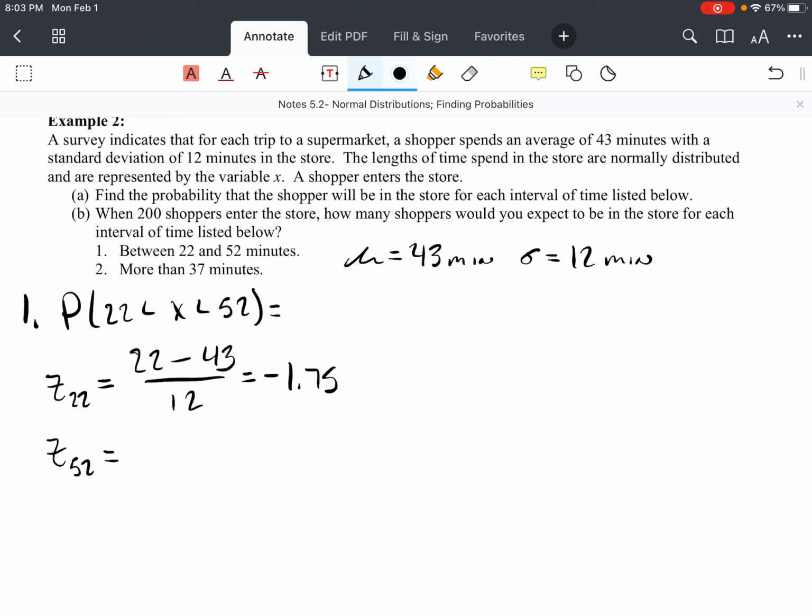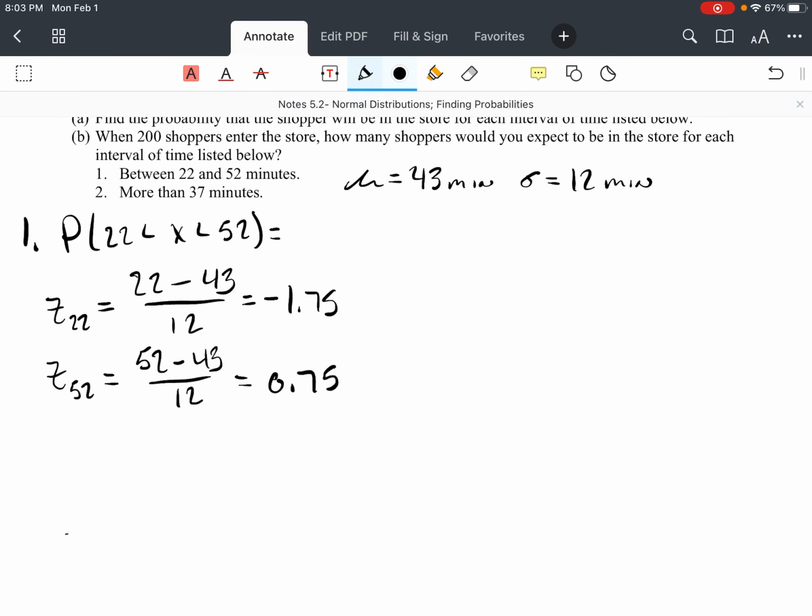And then we would do the same thing for 52. This would be 52 minus 43 divided by 12, which is 0.75.